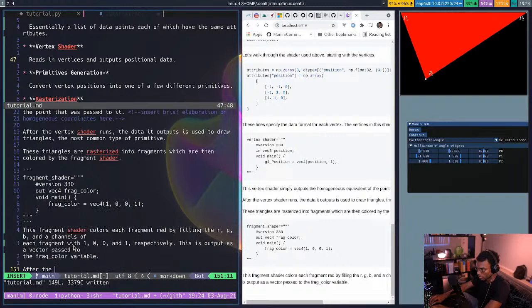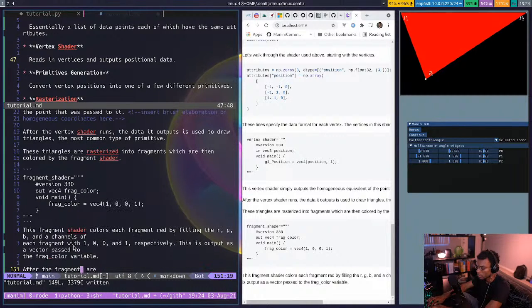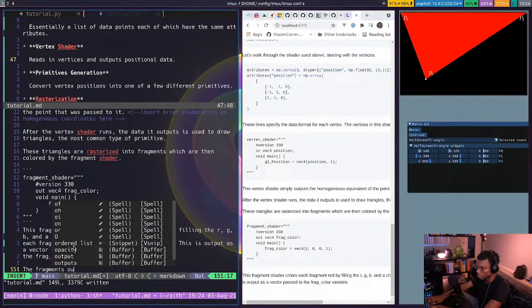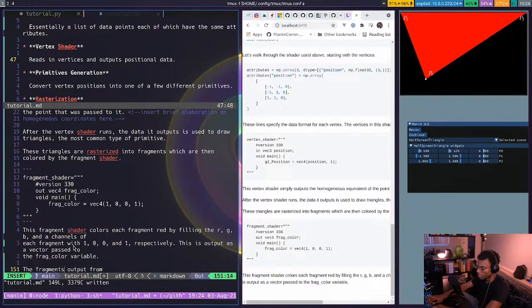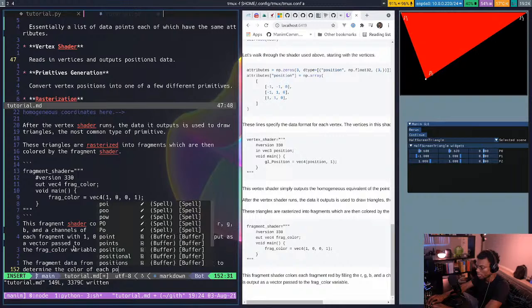After the fragments... I actually don't know if it's after. I can say the fragment data output from the fragment shader is then blended in order to determine the color of each pixel.